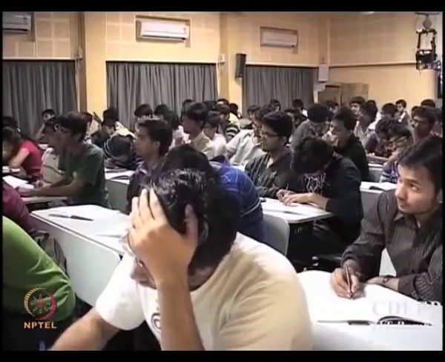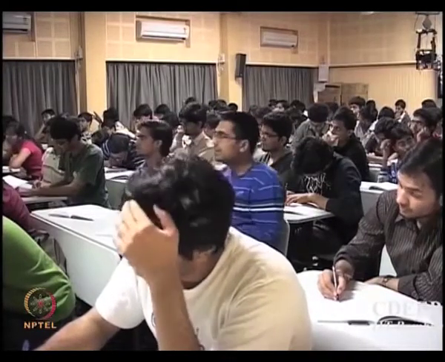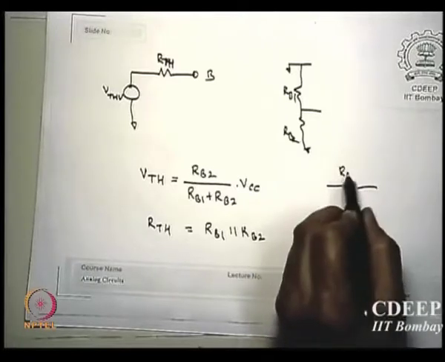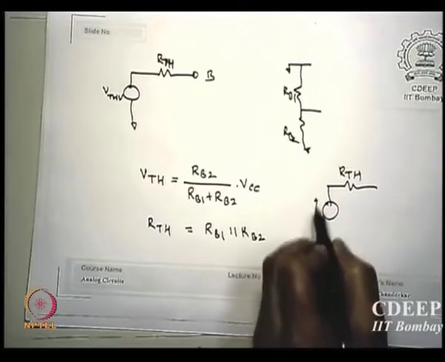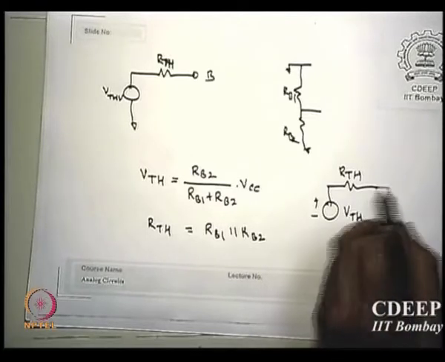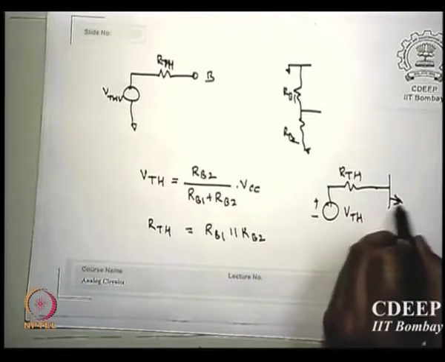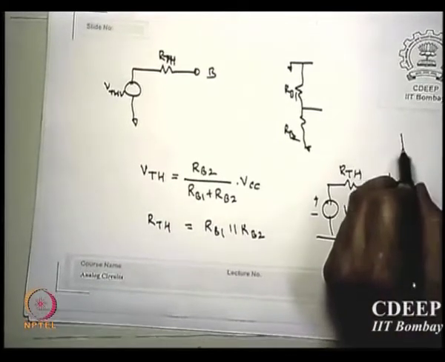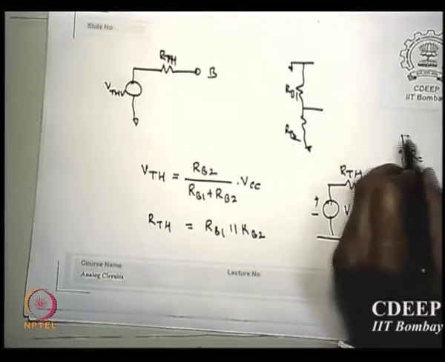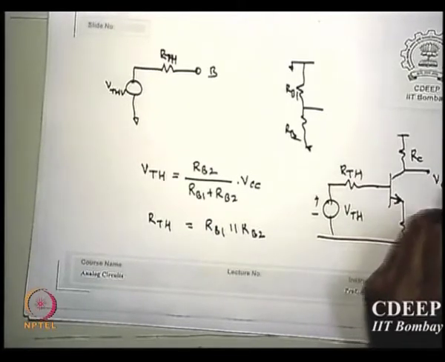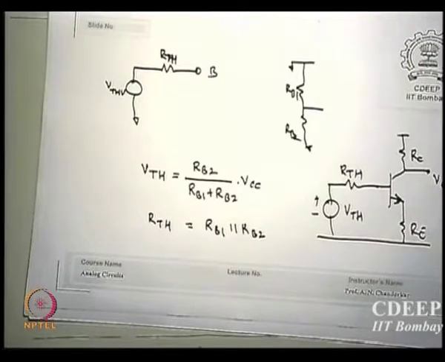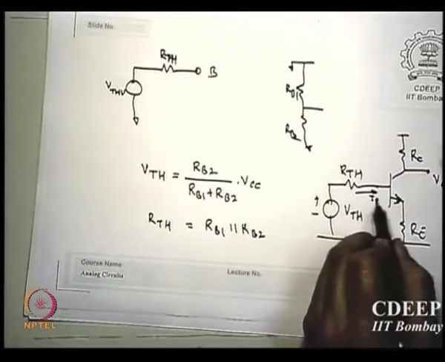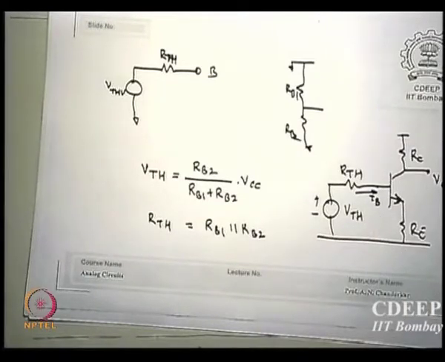If I do so, we will draw the other circuit right here: RTH, VTH, and then from here you have a standard resistance RE, RC, this is your VC. This value is known to us, so this current is IB, okay. I will give some values and solve for it, okay.